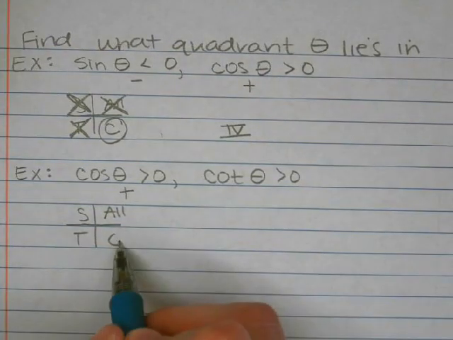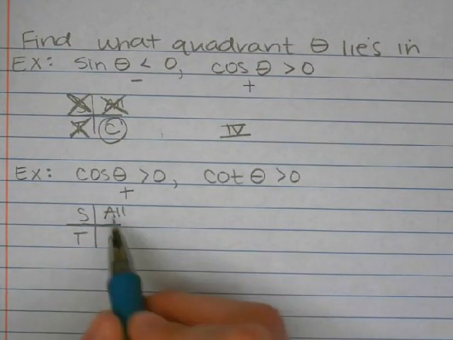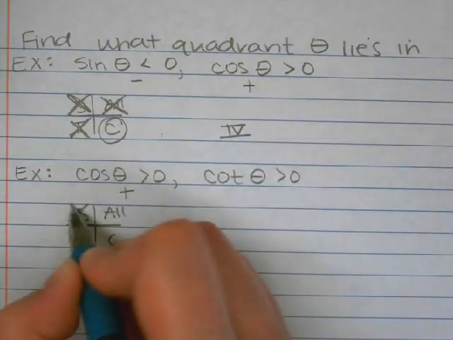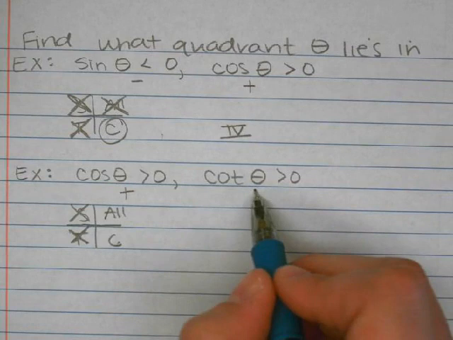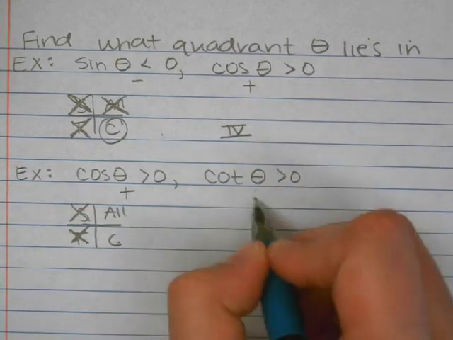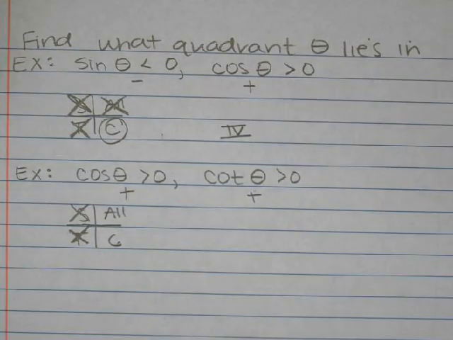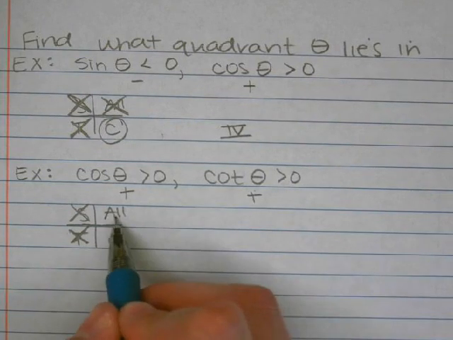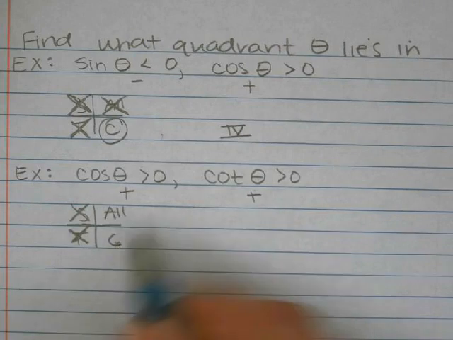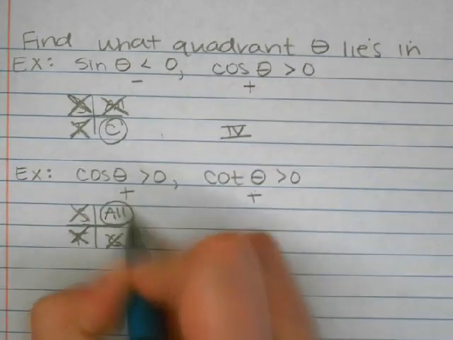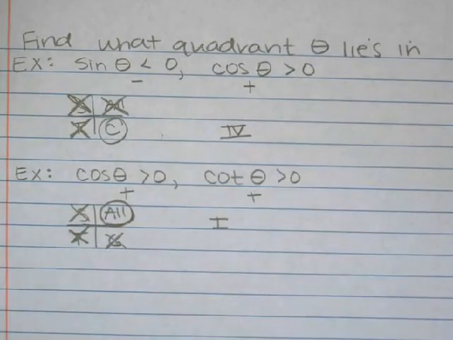Cos is positive in quadrant 4 and in quadrant 1. So automatically 2 and 3 are out. Next, we're looking where cotangent is greater than 0. Cotangent is only going to be positive in quadrant 1. It is not positive where cosecant and secant are. So this angle must be in quadrant 1.